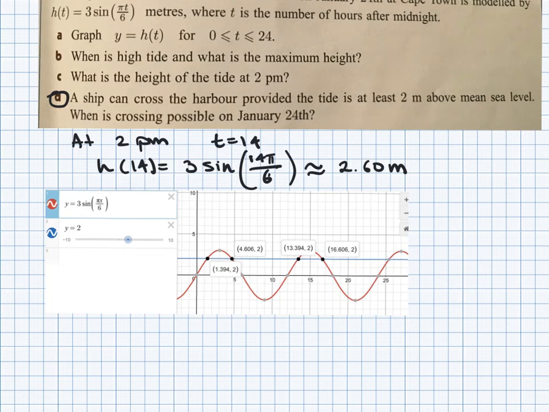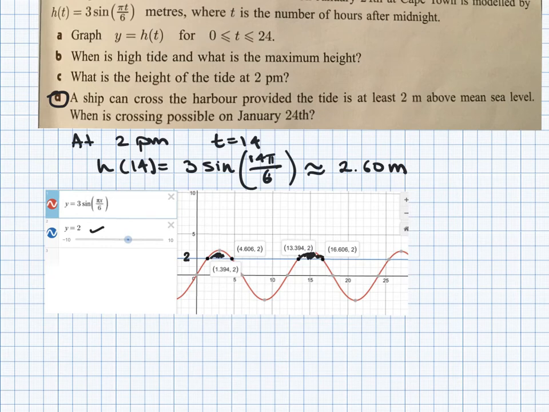I have drawn another line because the question says a ship can cross the harbor provided the tide is at least 2 meters above, so this is y equal to 2. It needs to be at least or more than 2 meters, and it's going to happen between those times.